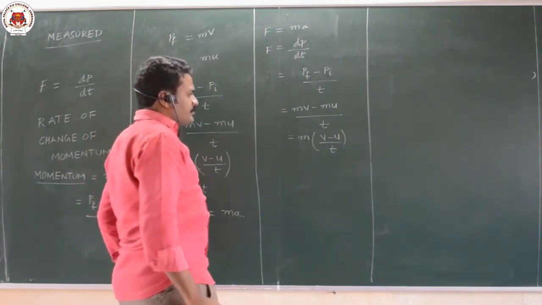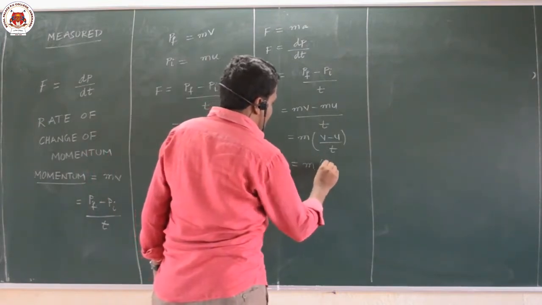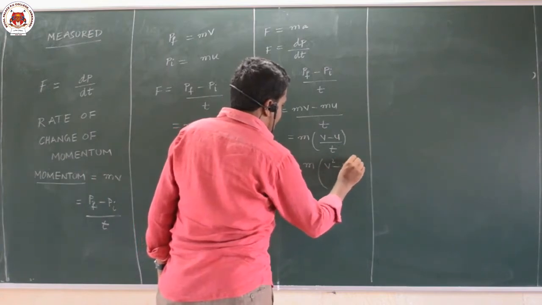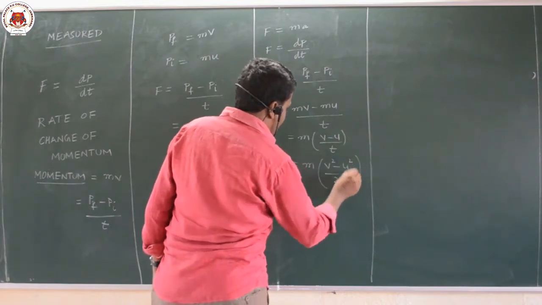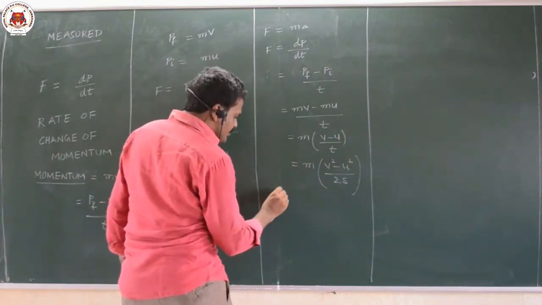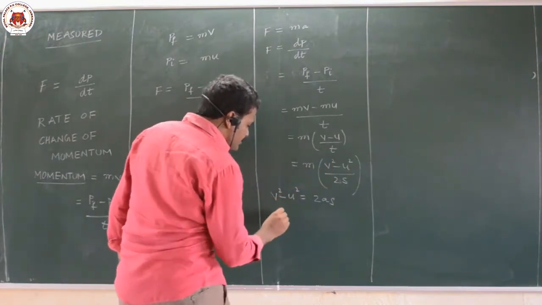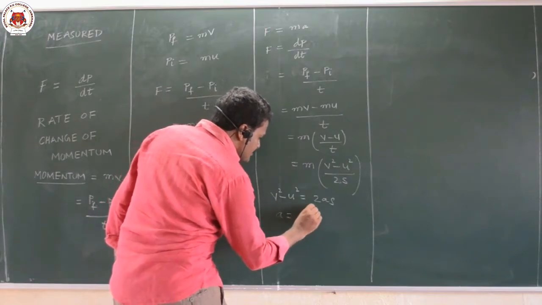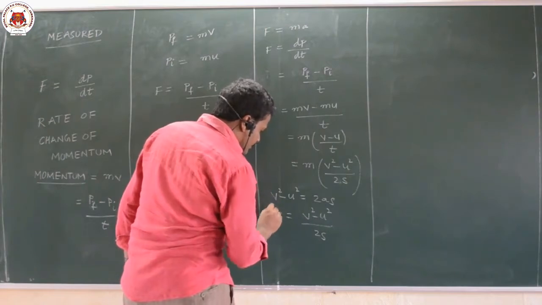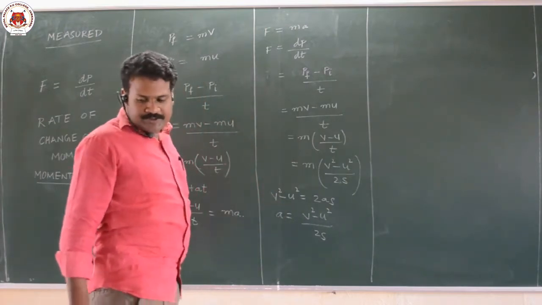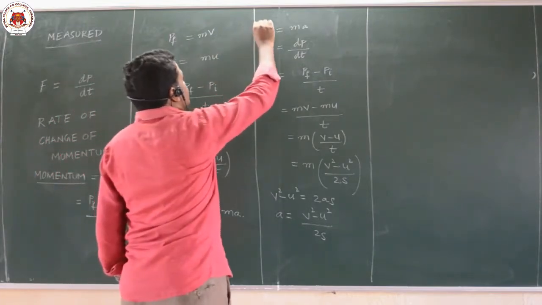Again you can write this as m into (v square minus u square) by 2s. How are we writing this? v square minus u square is equal to 2as. From that I can write a is equal to (v square minus u square) by 2s. These are the formulas for force.